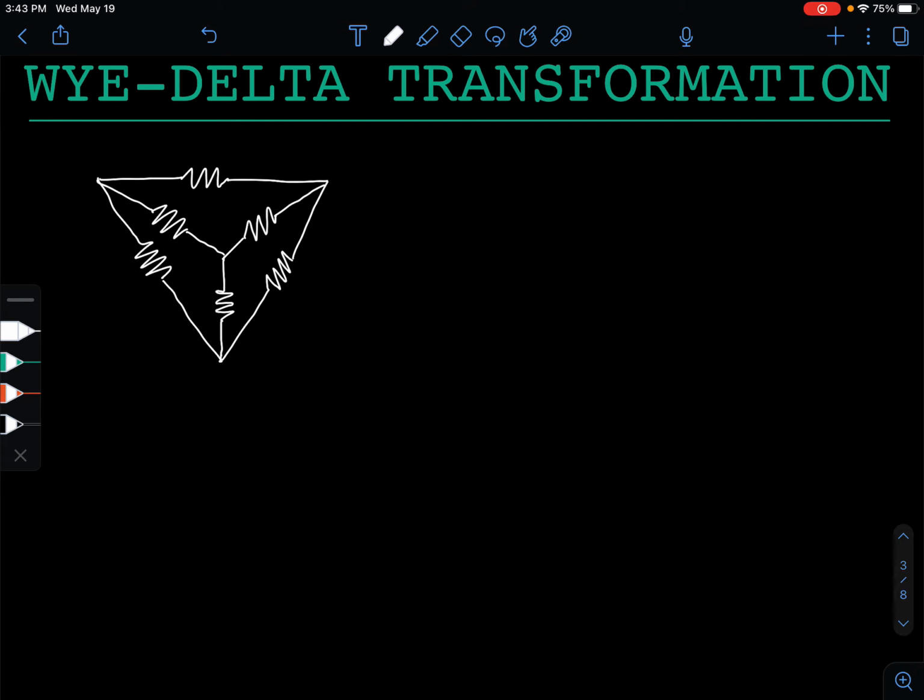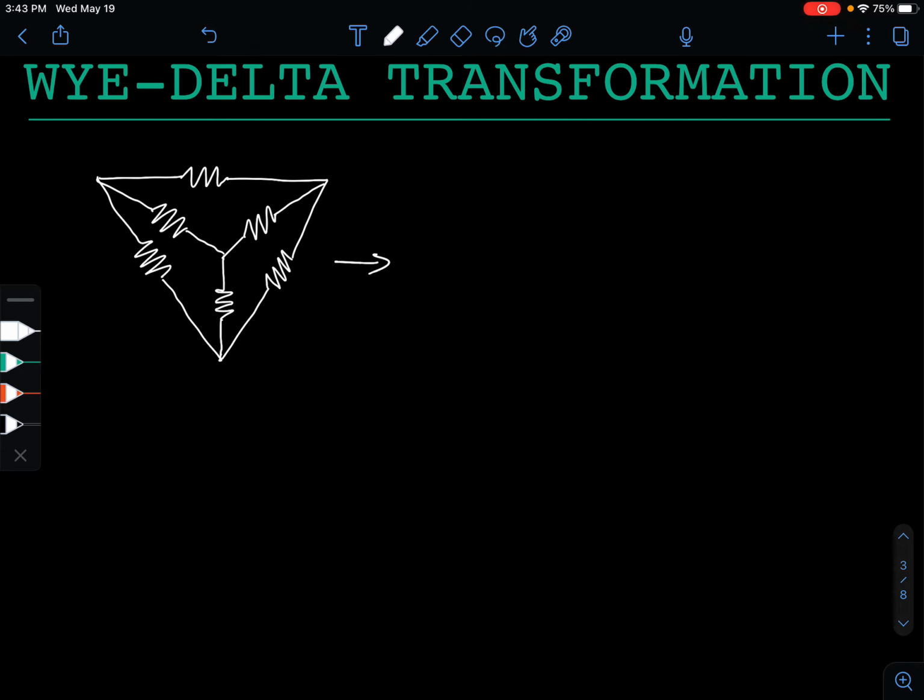So you might have been taught the Wye-Delta transformation using this circuit. And this circuit basically is a combination of the Y and the delta. And I'll show you how that is by decomposing this circuit.